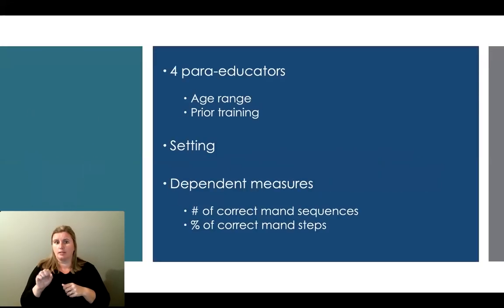So 4 paraeducators participated in this specific study. The paraeducators' ages ranged from 22 to 63 years of age. And of course, they did not have any prior training in the formal application of manding training, or interventions that derive from applied behavior analysis or the analysis of verbal behavior.